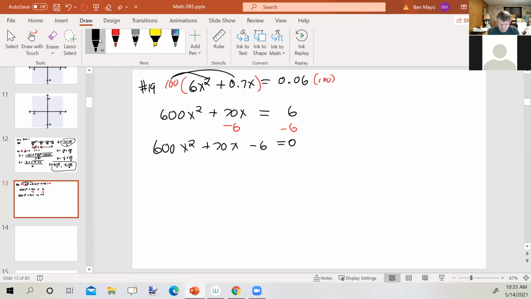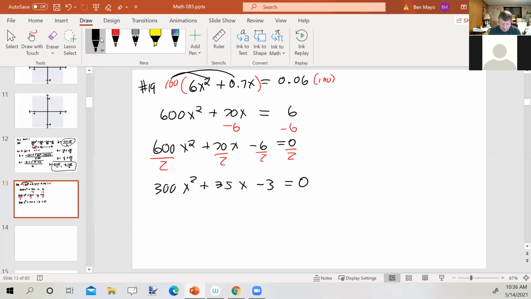Let's see here, 2 places. It's a small thing, but all the coefficients are even. So we could come in and divide everybody by 2 just to make things a little bit smaller. We get 300x, excuse me, 300x squared plus 35x minus 3 equals 0. Okay, so we've gotten rid of the decimals.